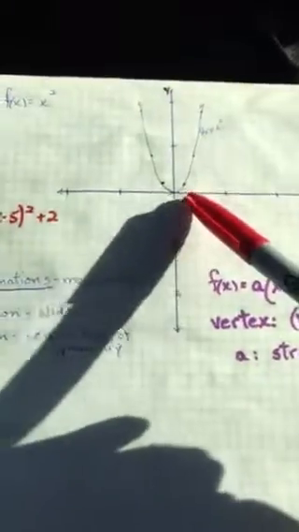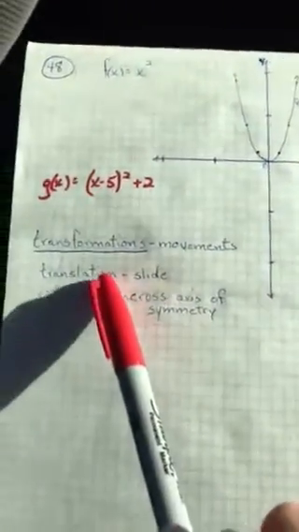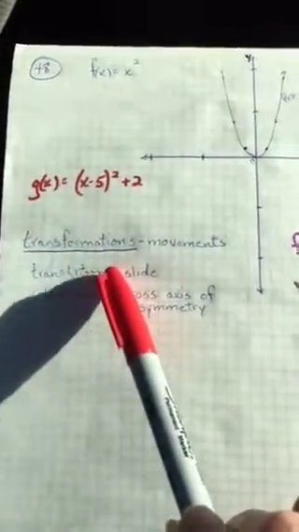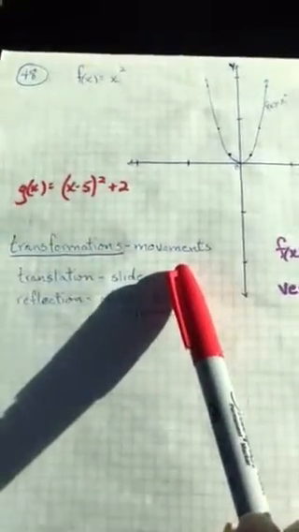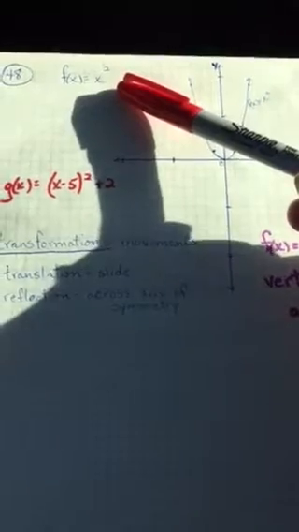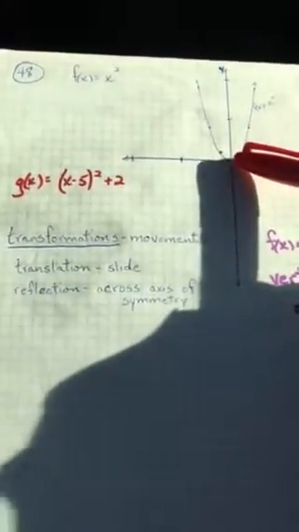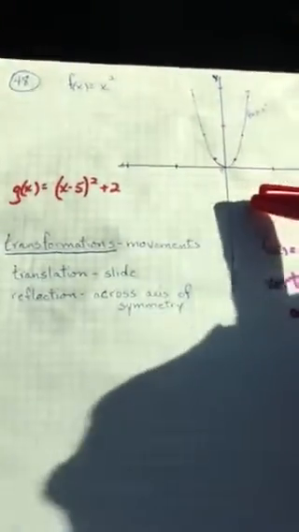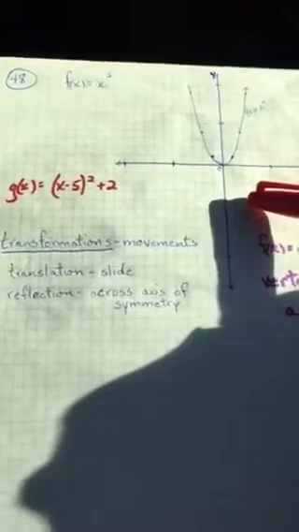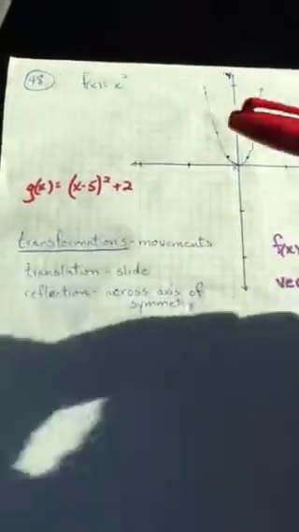Now, something else you need to remember, transformations. Transformations, that's just the movement that the graph takes on. So from the parent parabola or function, how is it going to move around the x and y axes when we rewrite it as this g of x function.